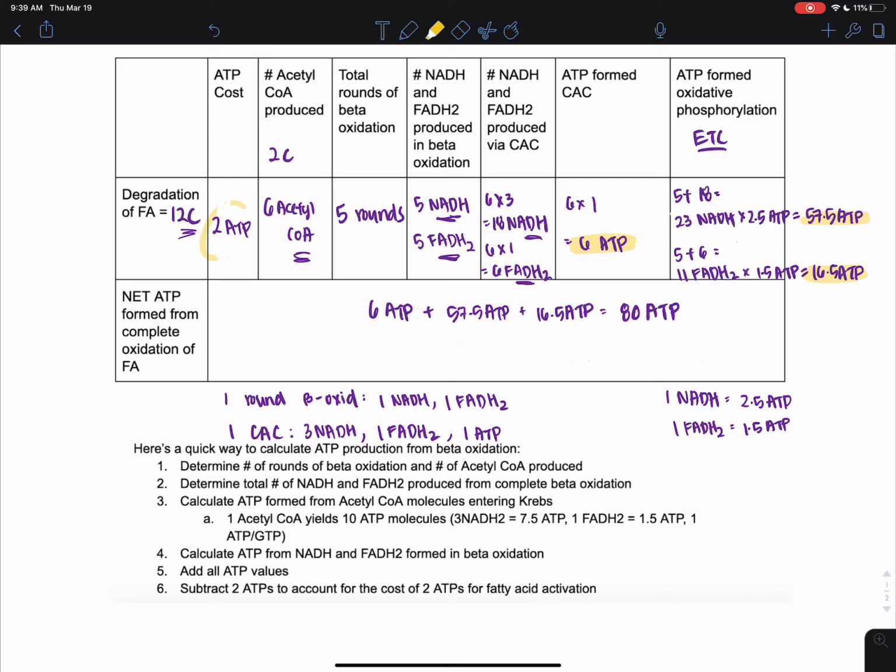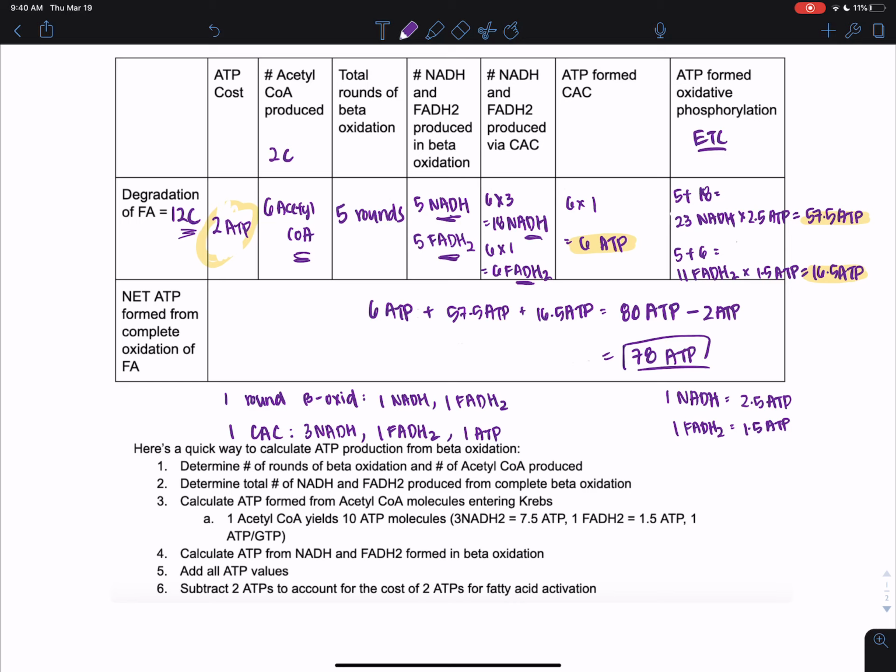But remember, we had the cost to activate your fatty acid. So 80 ATP minus the 2 ATP that it took is going to give you 78 ATP. And that's your net.